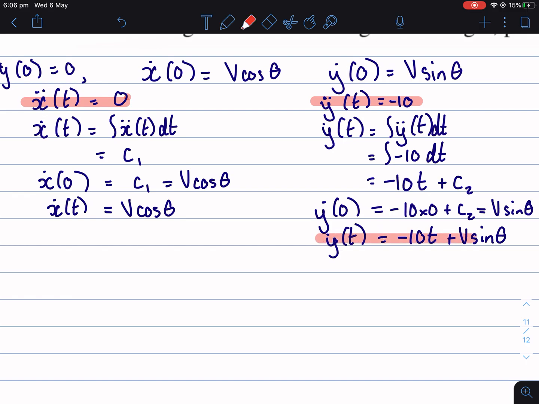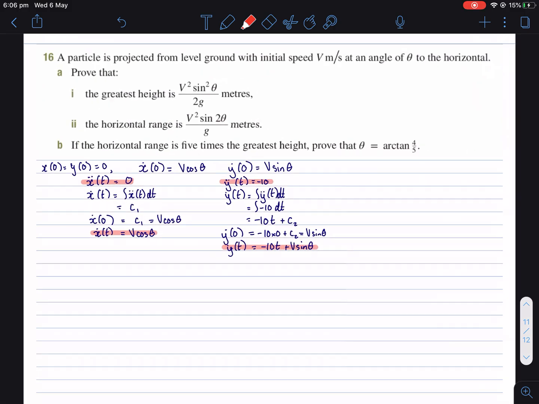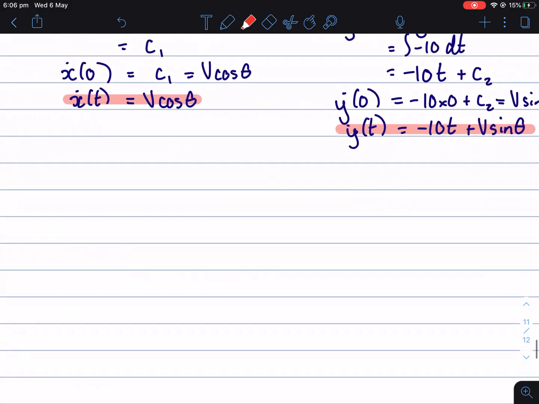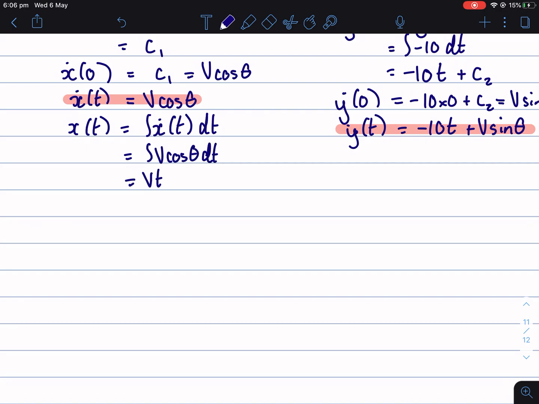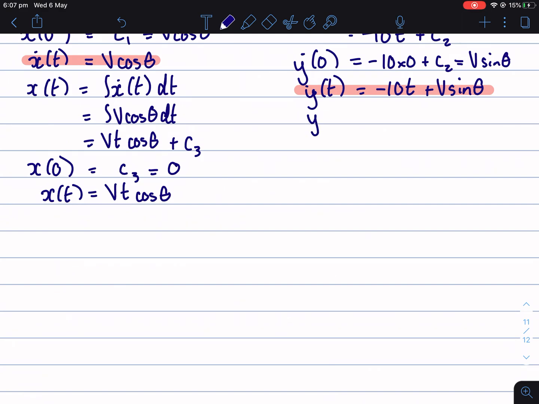Okay, so we have our formulas for x dot and y dot. We still need our displacement formulas. That's x dot, let's do one for y.